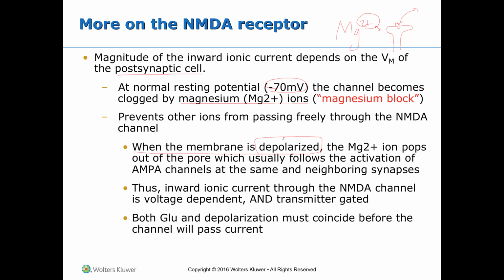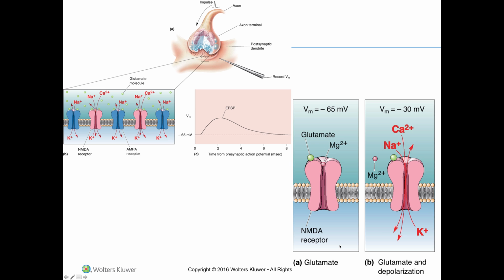But then in order for the NMDA receptor to be activated, it needs to have NMDA or glutamate bound to it. So this current is voltage dependent and transmitter gated. Both glutamate and depolarization must coincide before the channel will allow for current to pass. So here, you have the NMDA receptor and the AMPA receptor, AMPA in blue and NMDA in pink.